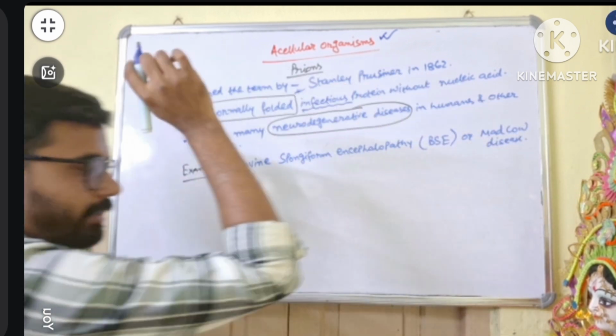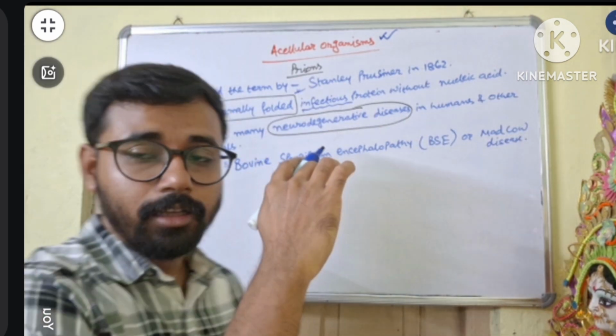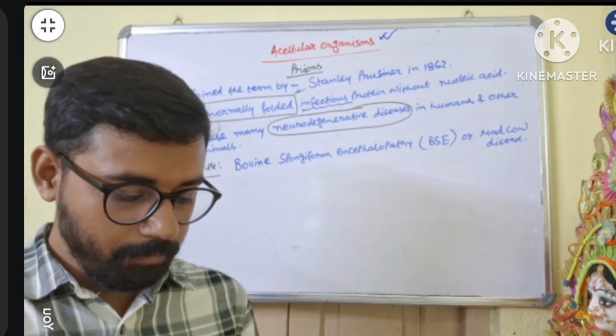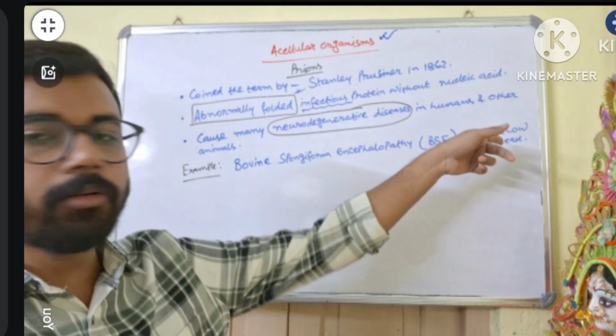We previously said that prions mainly cause neurological symptoms, and mad cow disease is another one.